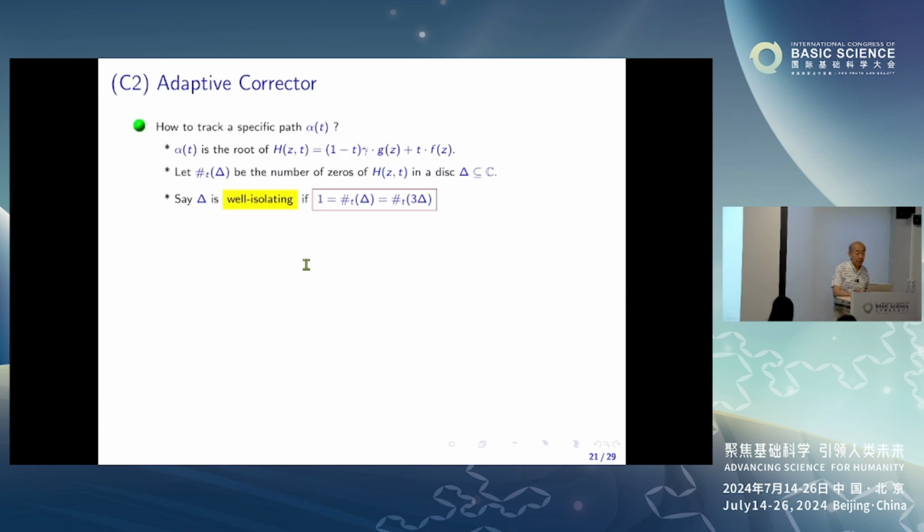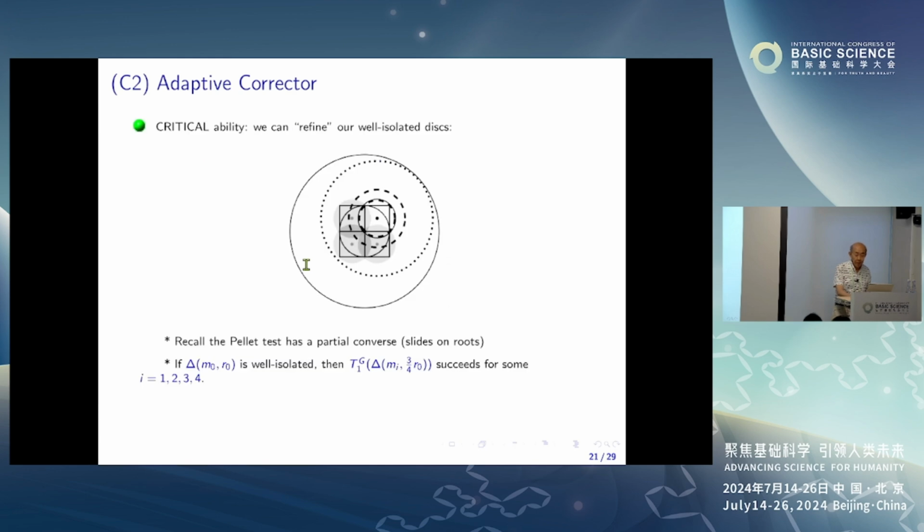And we show that you can take bigger steps to get to the final point. And a very strong property you get from using our soft Pellet test is that now you can refine your well-isolated disk.